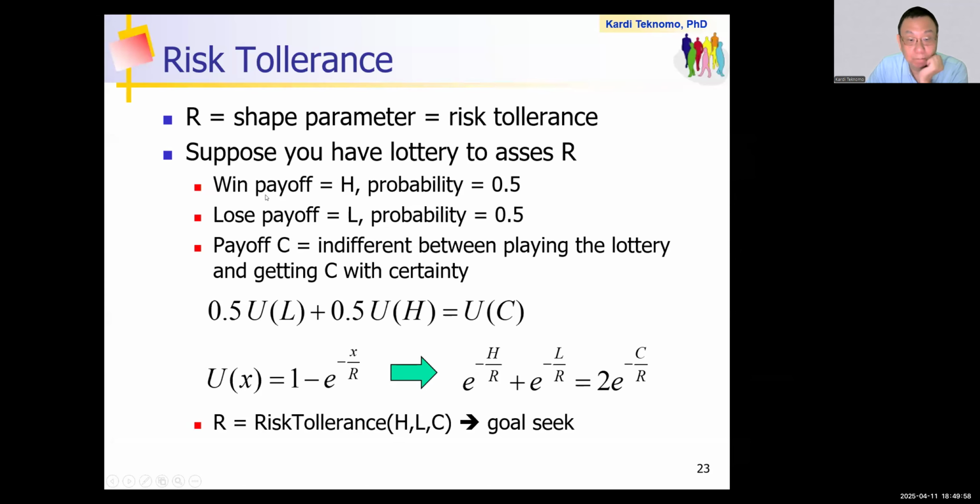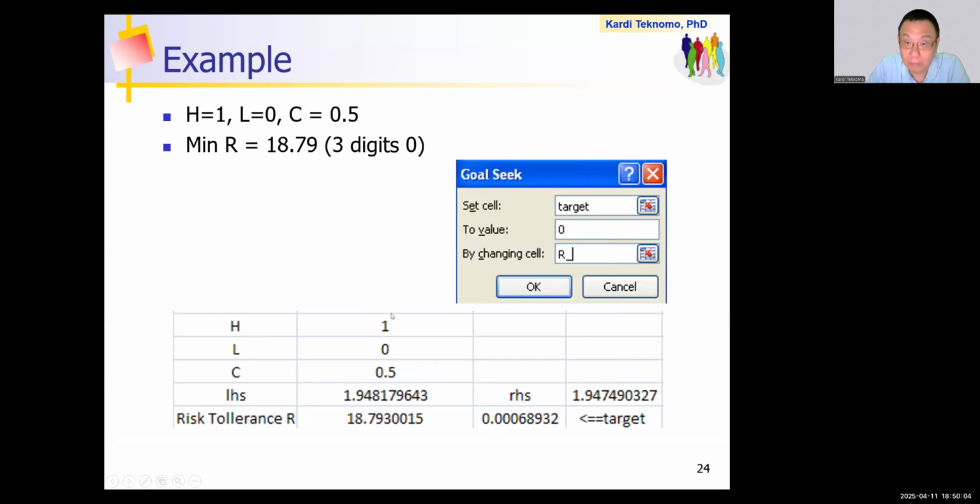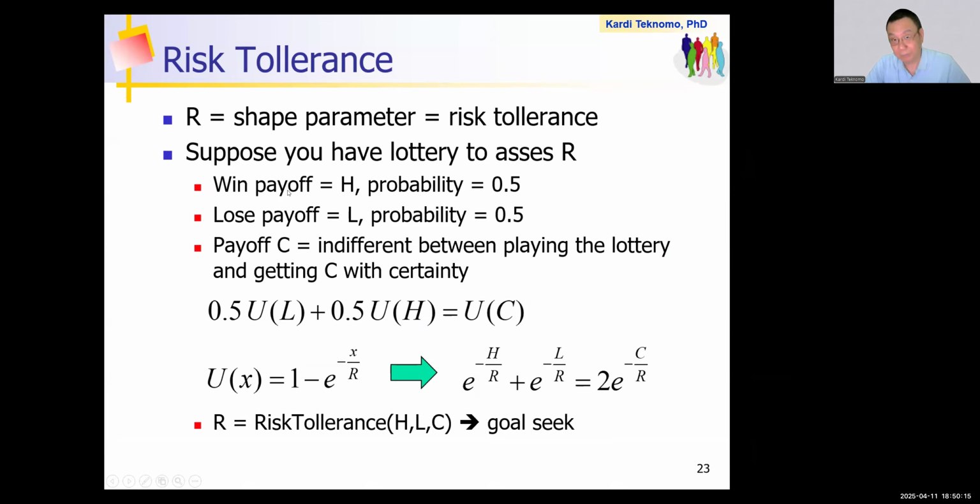So basically what you have is you set something like this. You have how much is the win payoff and the lose payoff with certain probability.